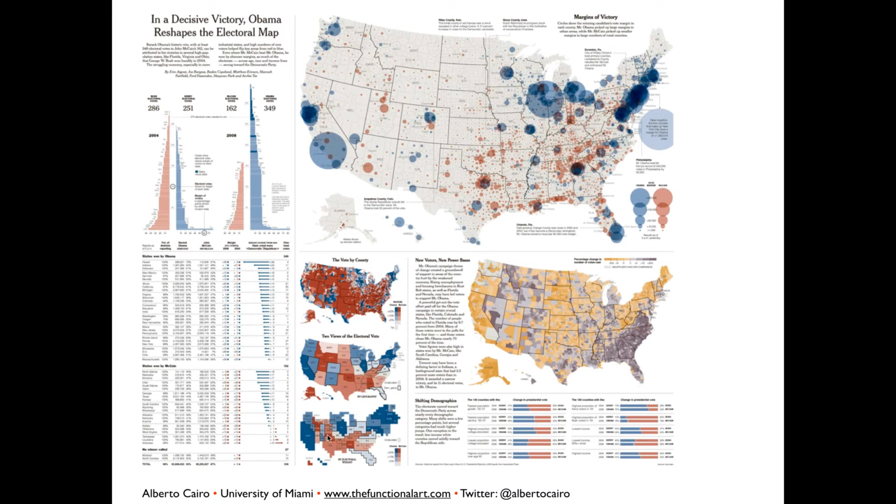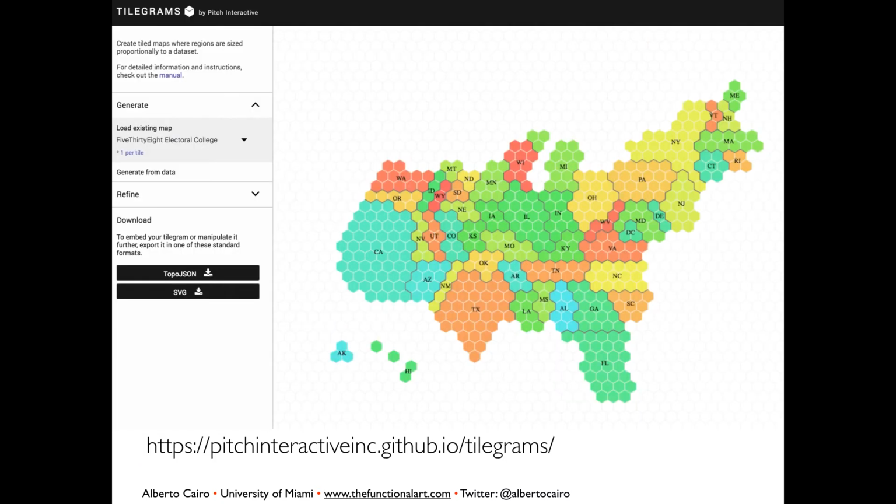For example, the size of the population of the states in the United States or the number of electoral votes. Now, fortunately, nowadays there is a free tool that you can use to design this kind of map. It's called Tilegrams, which is a tool that was developed in collaboration by Google News Lab and Pitch Interactive. Pitch Interactive is a company that produces data visualization for many different clients.